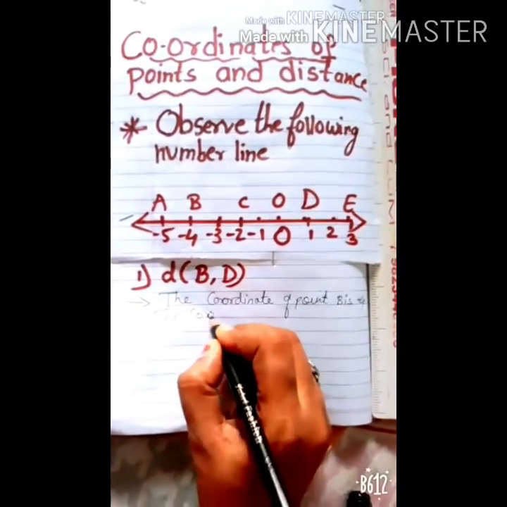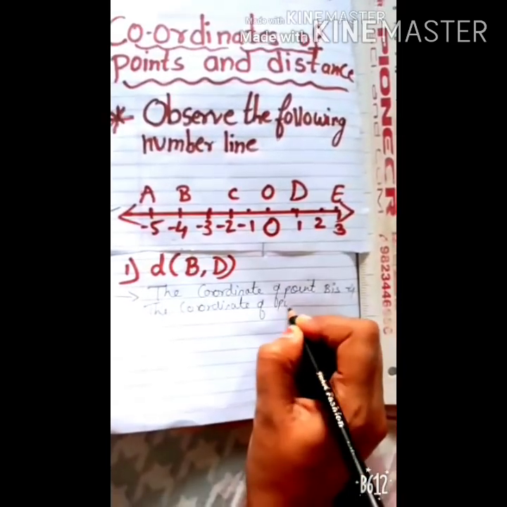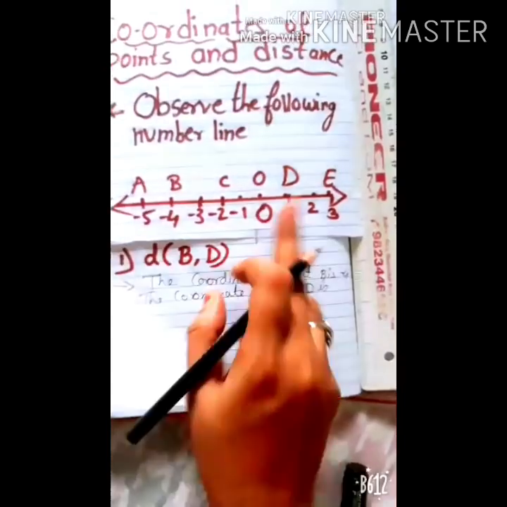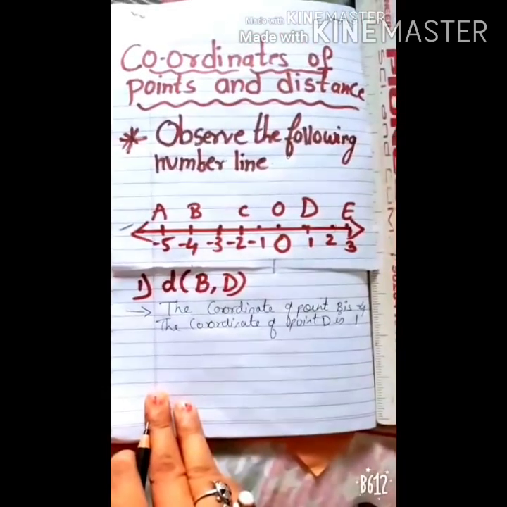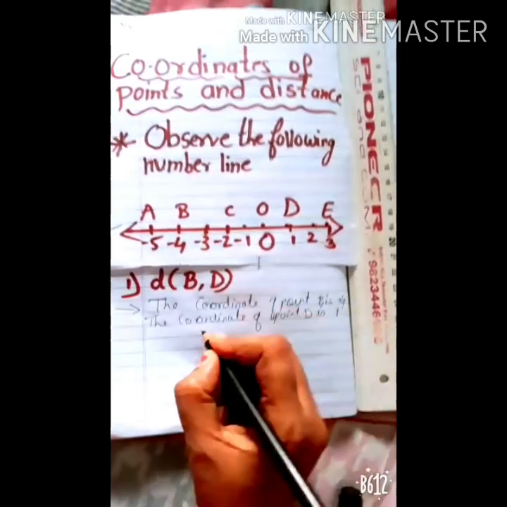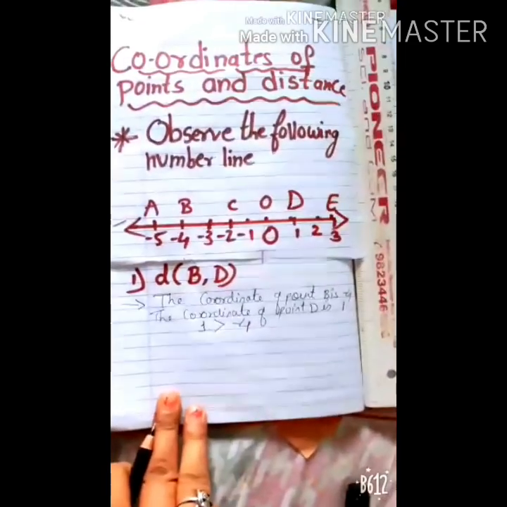The coordinate of point D is positive 1. As we know, a positive number is greater than a negative number. 1 is greater than -4.